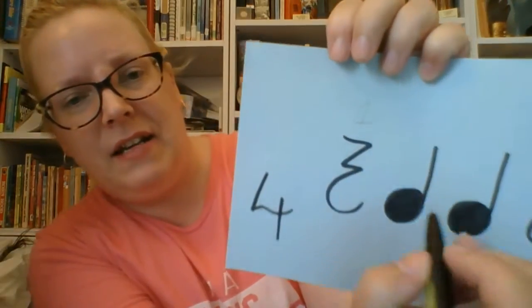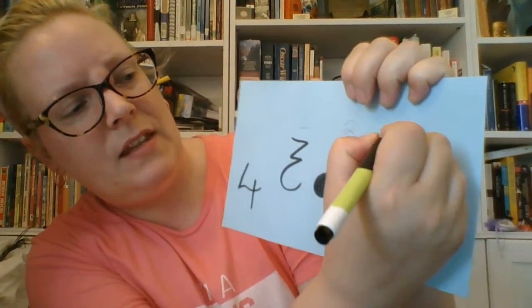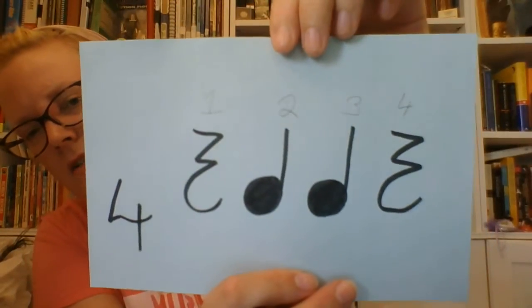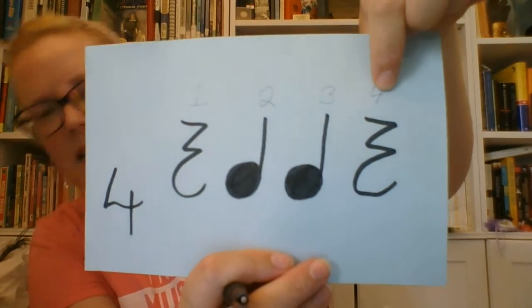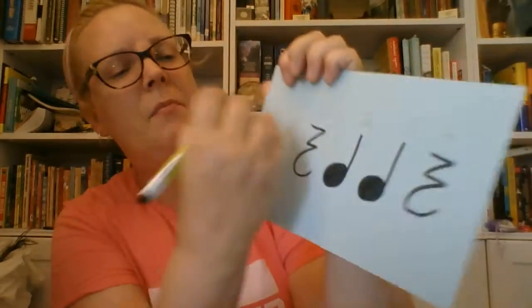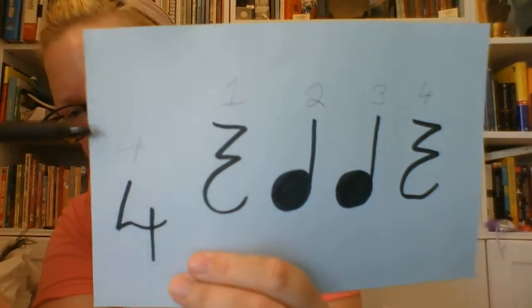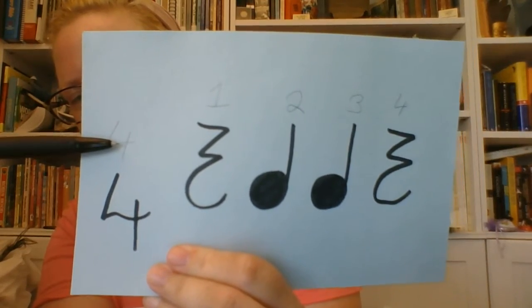I've got 1. Can't quite see that. I'll hold it really close. 2, 3, and 4. There we go. The highest number is 4, and that's the number that I draw over here. That tells me my limit on this card is 4 quarters.